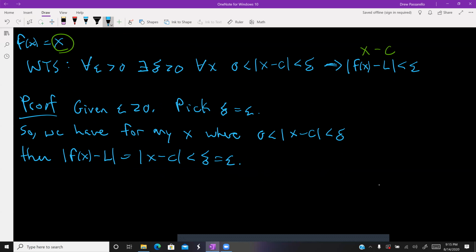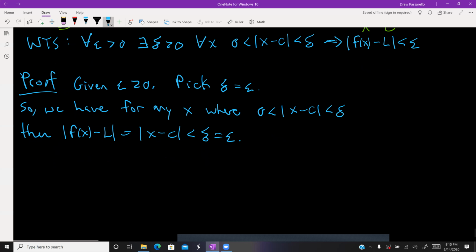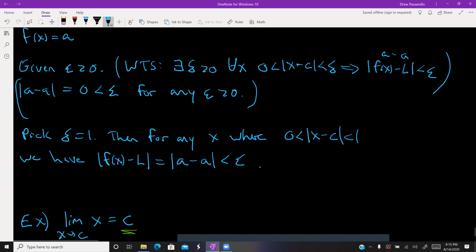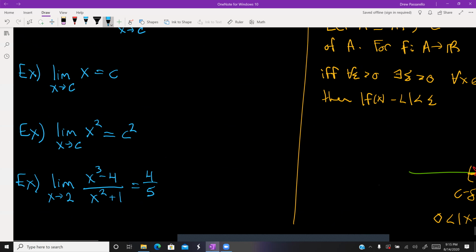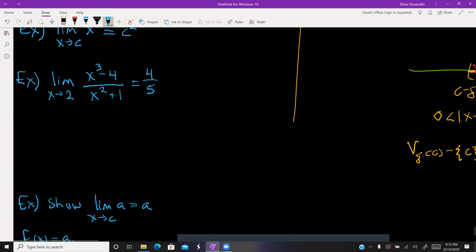And that's it for that proof. All right, the next one's a little bit more complicated. So the x squared equals c squared.